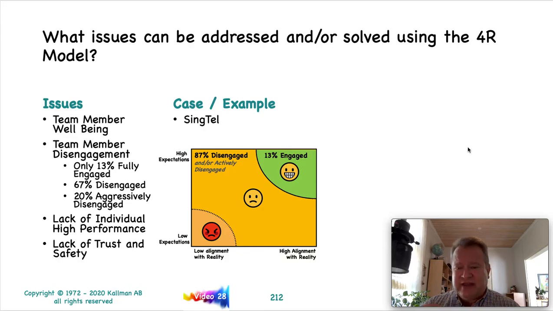And so this is why the 4R model is so extremely important in helping people to shift their mindsets. And if you're running into issues of lack of individual high performance or lack of trust and safety, you can again use the 4R model as a diagnostic tool, a root cause analysis, which we're going to show you in just a minute.